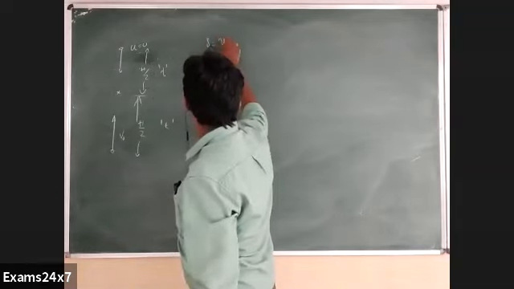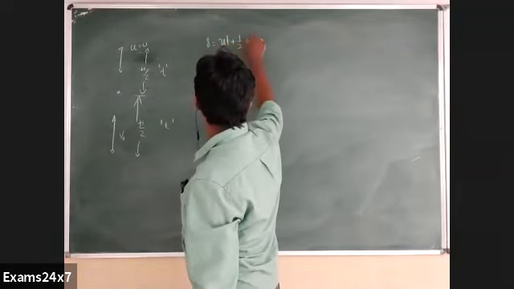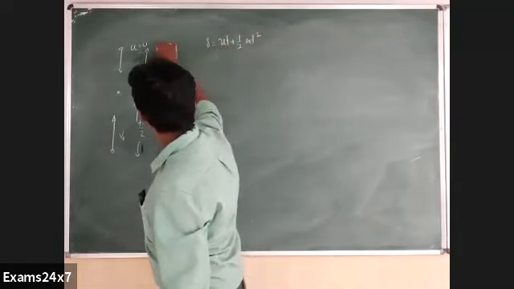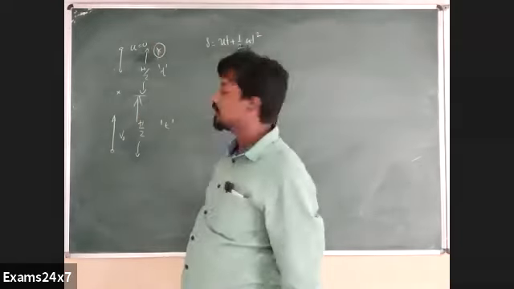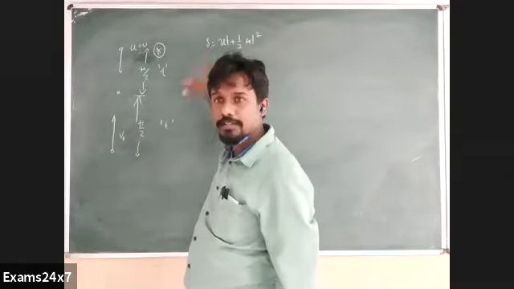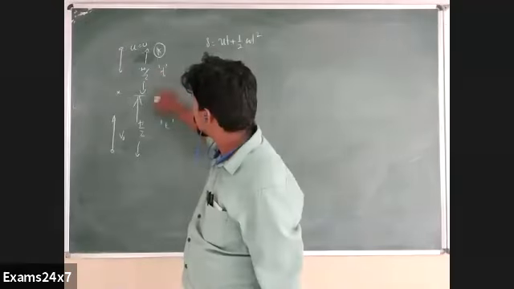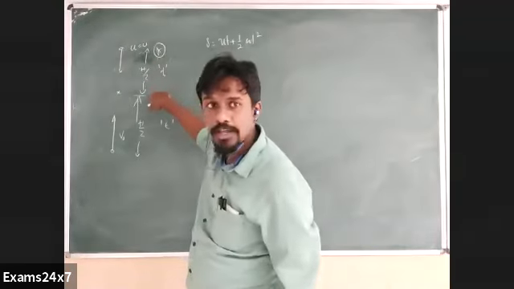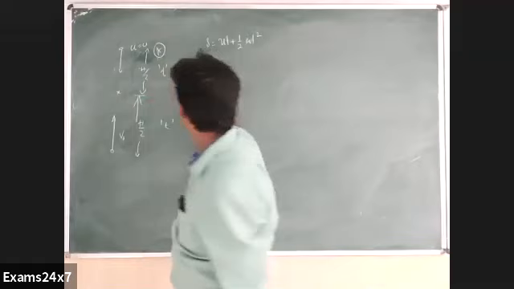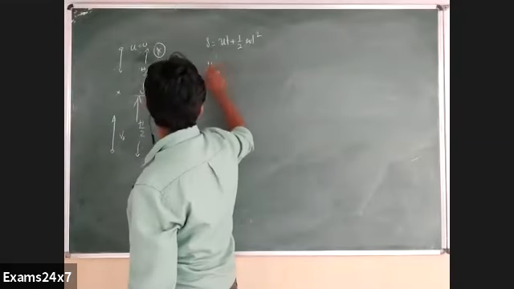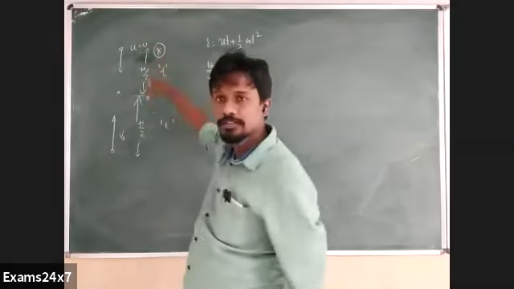S is equal to ut plus half at square. Object A. What is the displacement traveled in time t? h by 2. What is the initial velocity? 0.